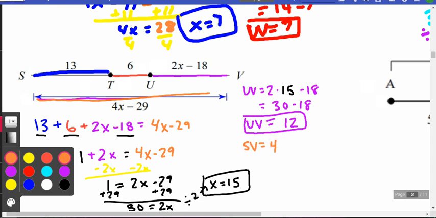So you can take 4 times 15 minus 29. So 4 times 15 is going to result in 60. Take away 29. It's going to simplify to 31.